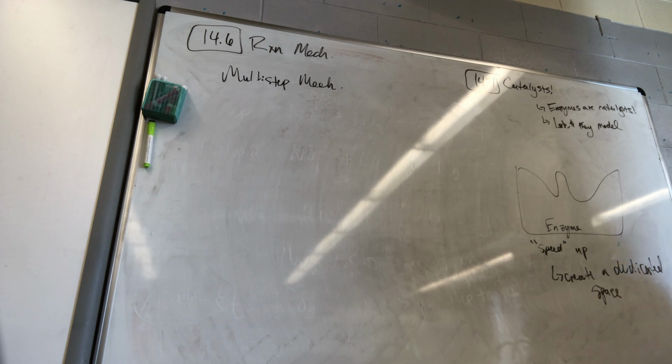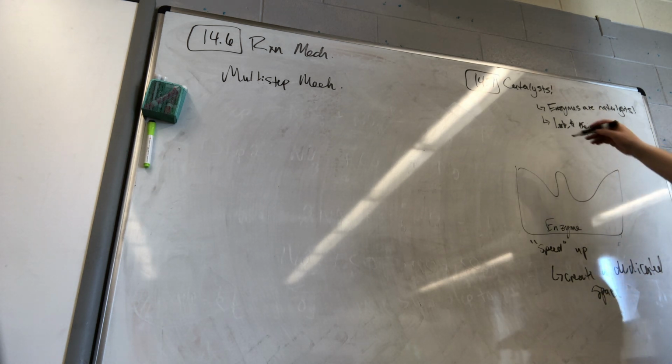If you think about the soup that is your body, it has a lot of compounds, a lot of things going on. If we want a very specific process to take place, we want two things to collide in exactly the right way. Enzymes give them a spot, right?